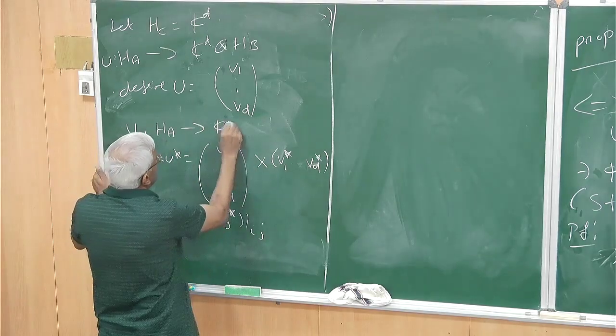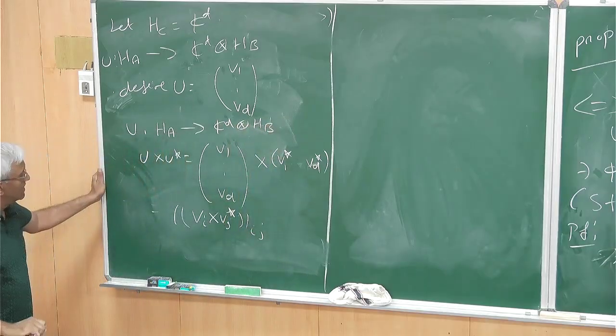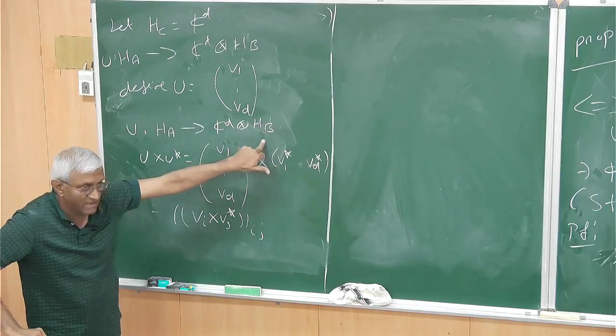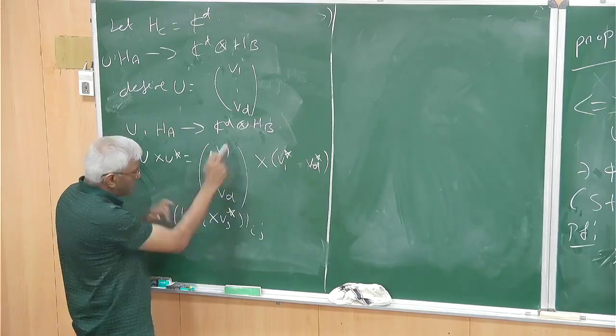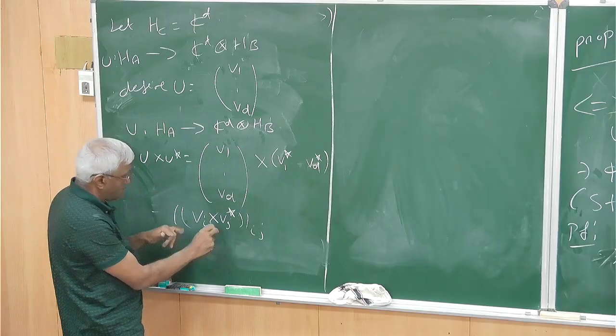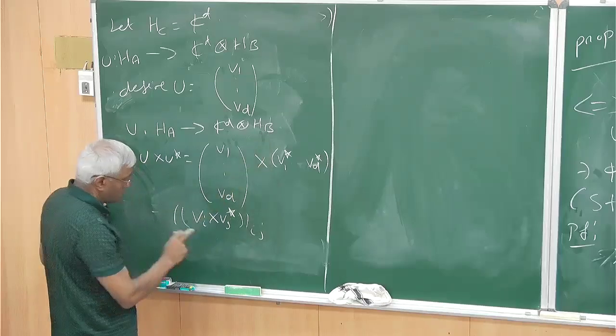This is a matrix of size D cross D, with entries coming from L(H_B).